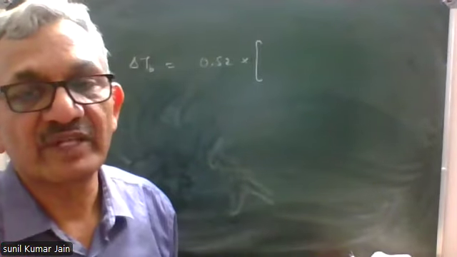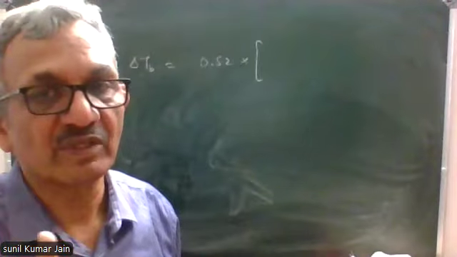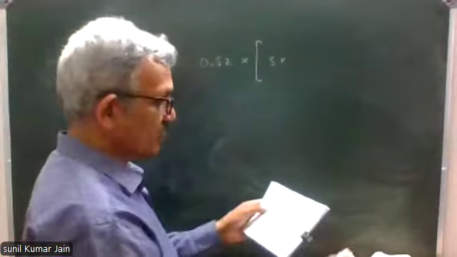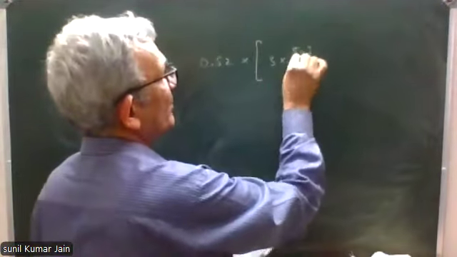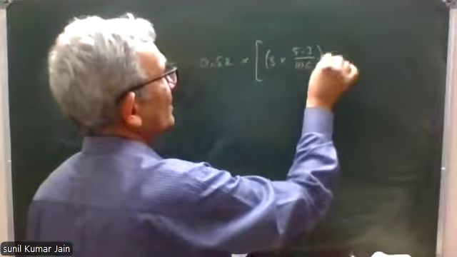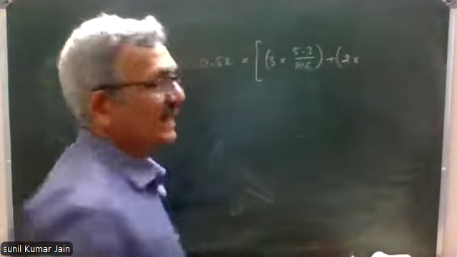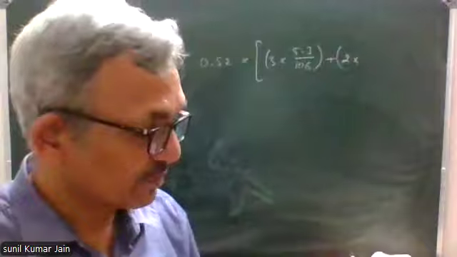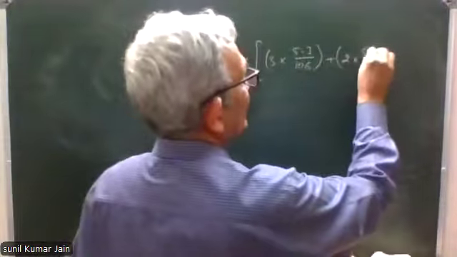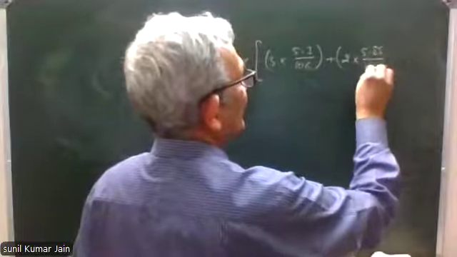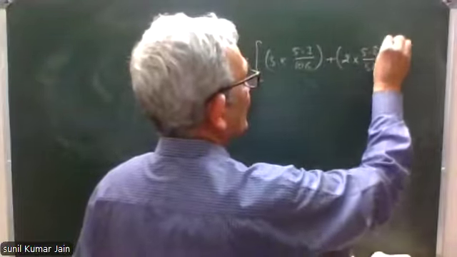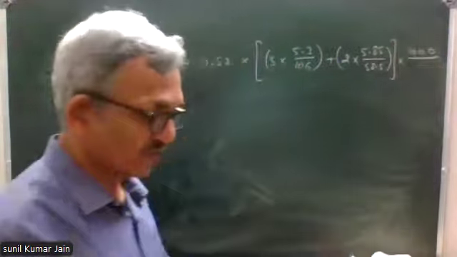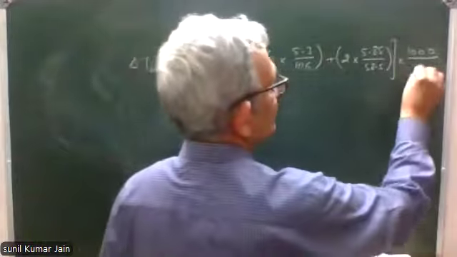For sodium carbonate, the value of i will be 3 because one molecule will split into 3 ions. So 3 into number of moles, which will be 5.3 divided by molecular weight 106. For NaCl, i will be 2, and number of moles will be 5.85 divided by 58.5, into 1000 divided by weight of solvent, 200 grams.